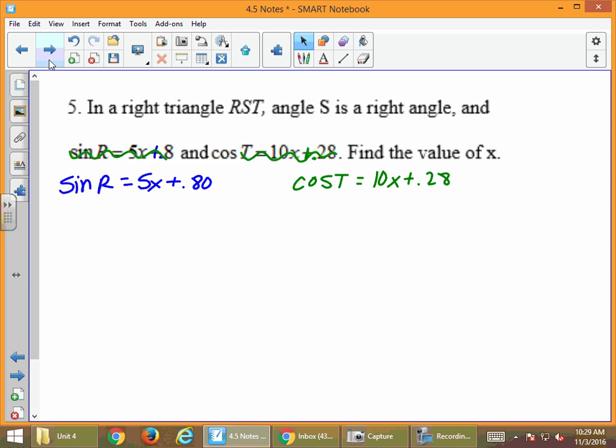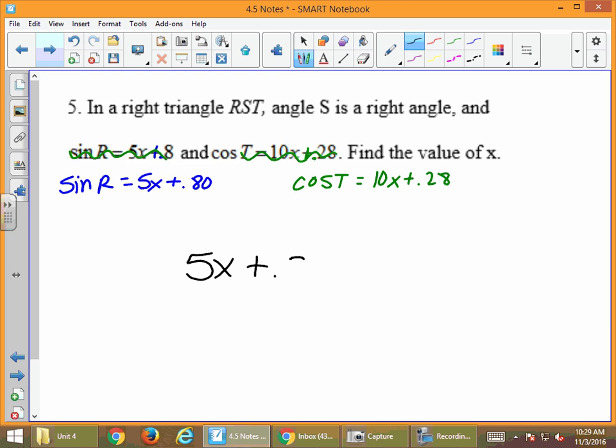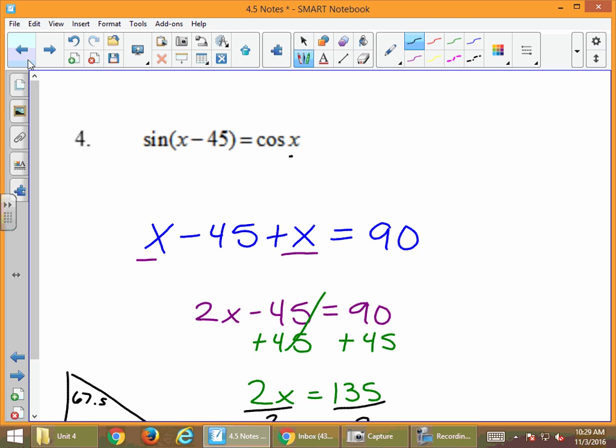So what can we do with these values? We know they're the same. Set it equal. So that was a little different. On the earlier examples, we were given an equation for the angle. Whenever you're taking the sine of something, that something is an angle.